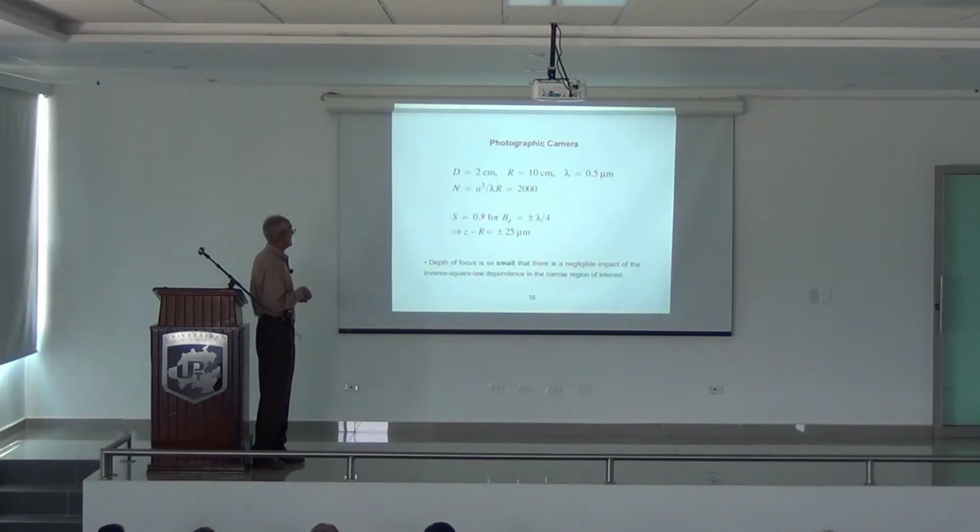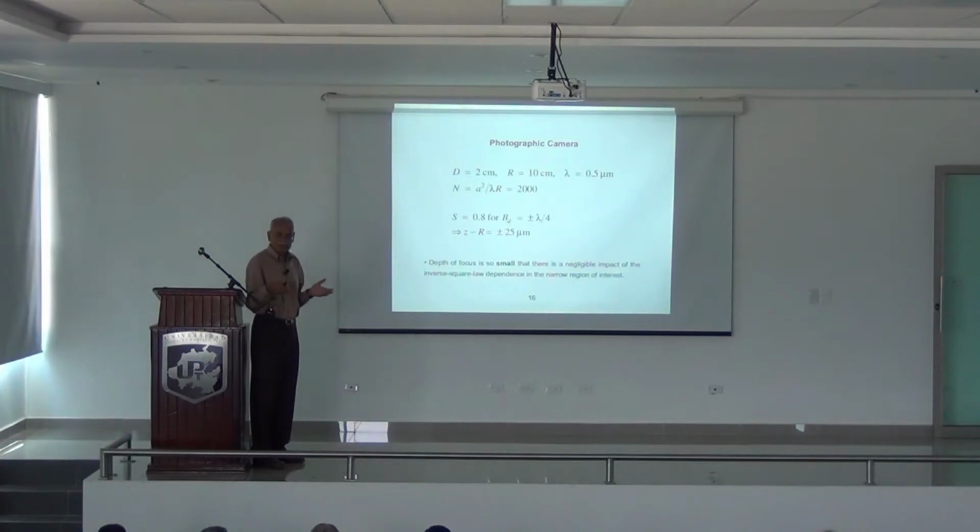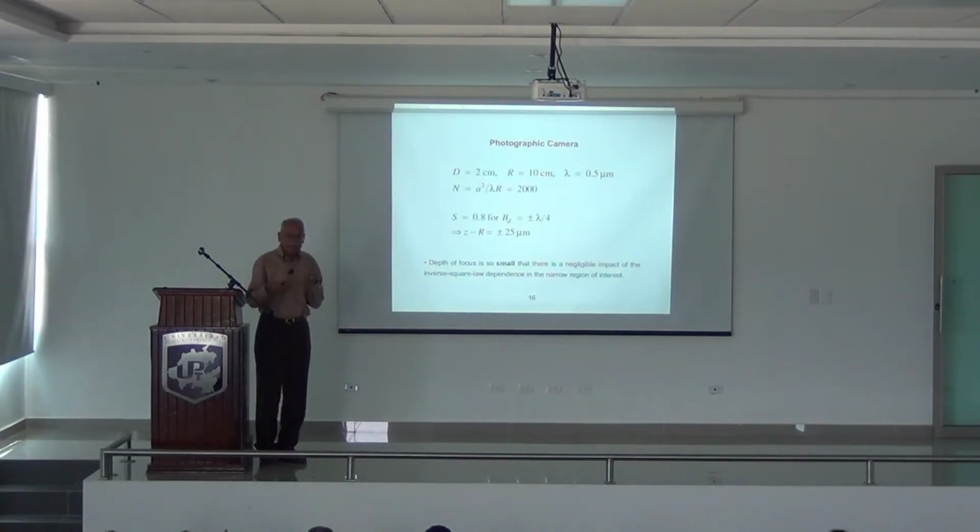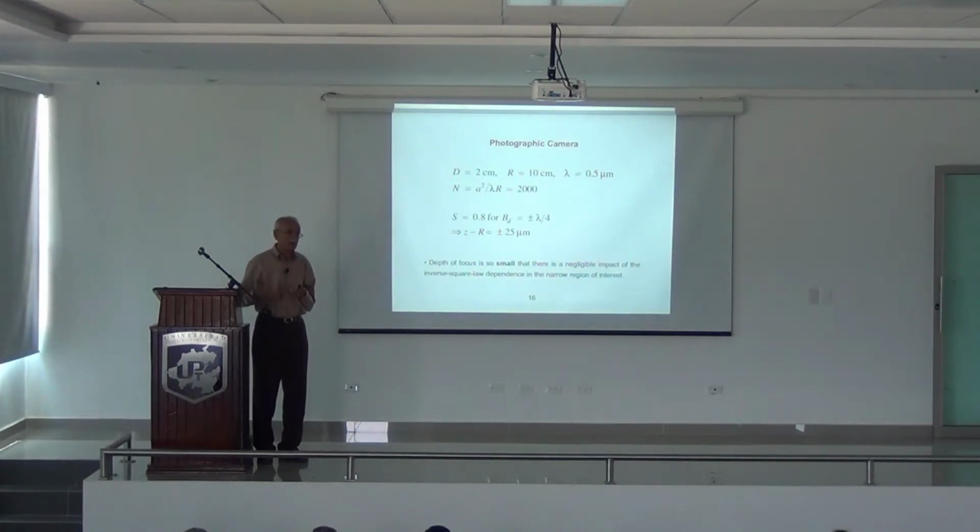Strehl ratio of 0.8 is obtained when V sub D is only quarter wave. The defocus aberration is only quarter wave, which corresponds to a longitudinal range of only 25 micrometers. That means the depth of focus is very small. And you know that from everyday experience, at least you used to, when cameras were not automatic.